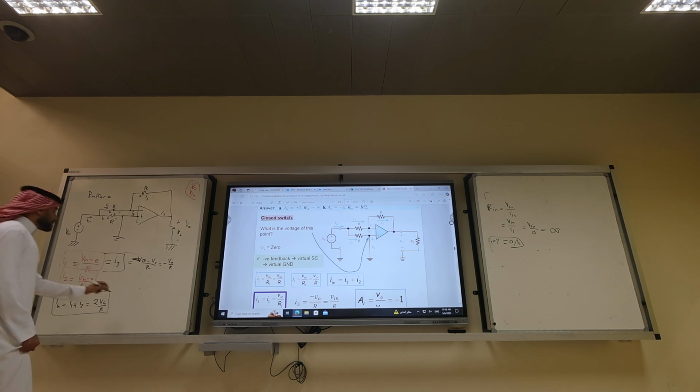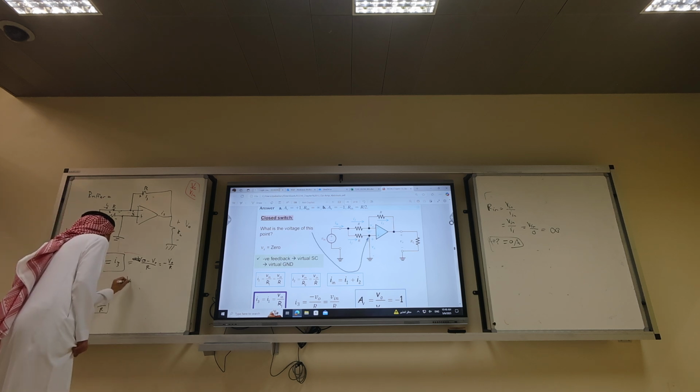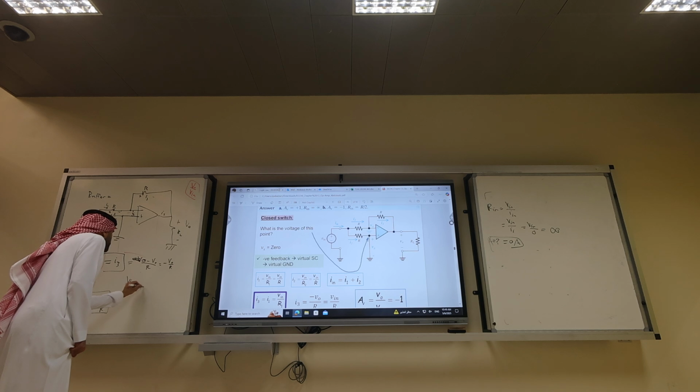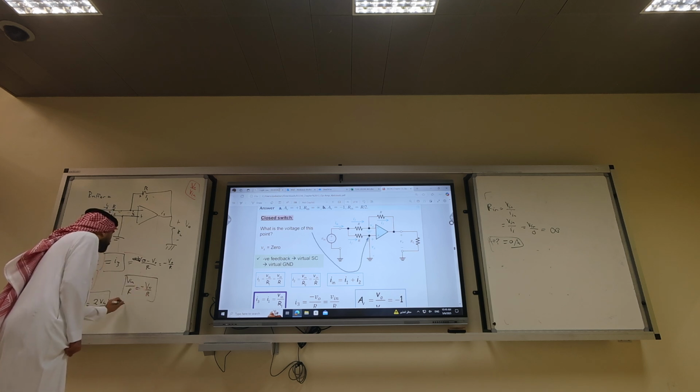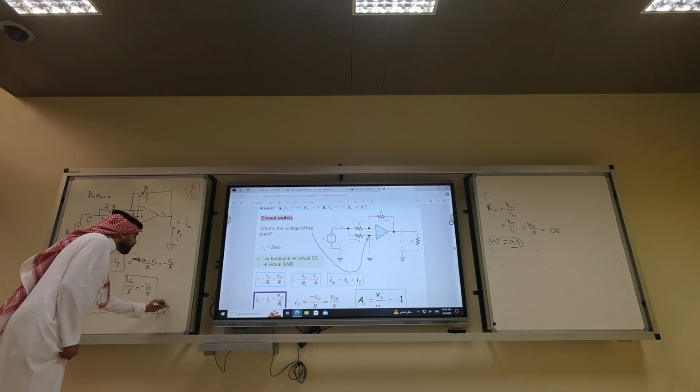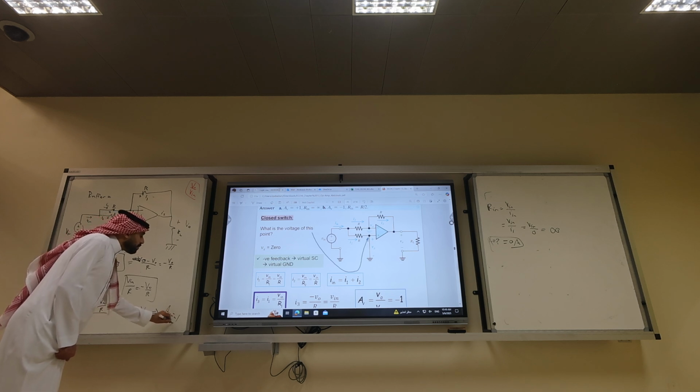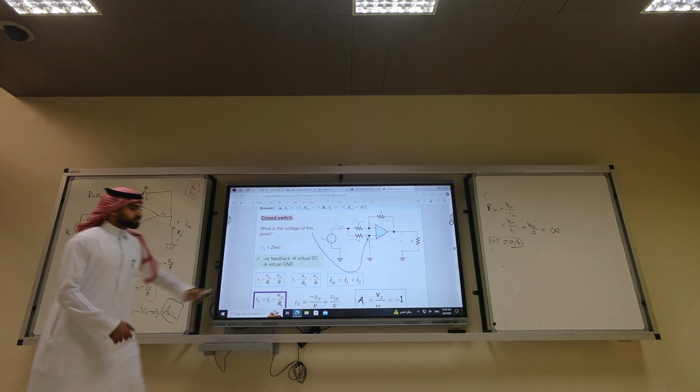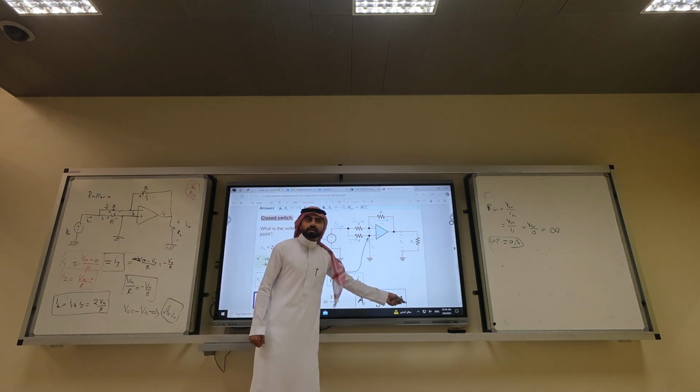I can use the fact that V input over R equals minus V output over R. So V output equals minus V input. So what's the gain? The gain is minus 1. Trick.